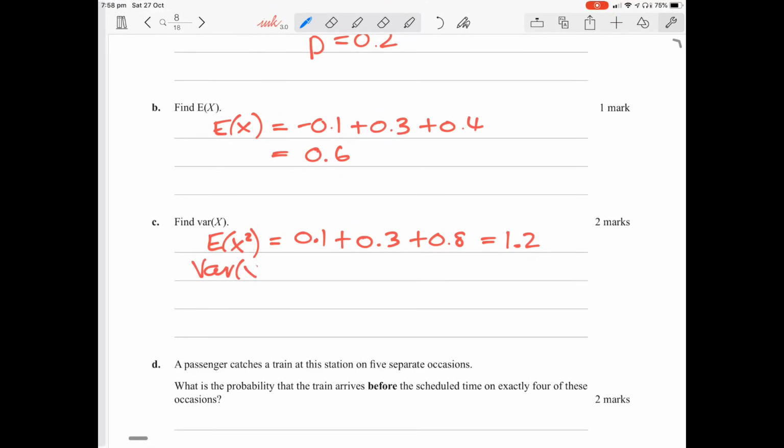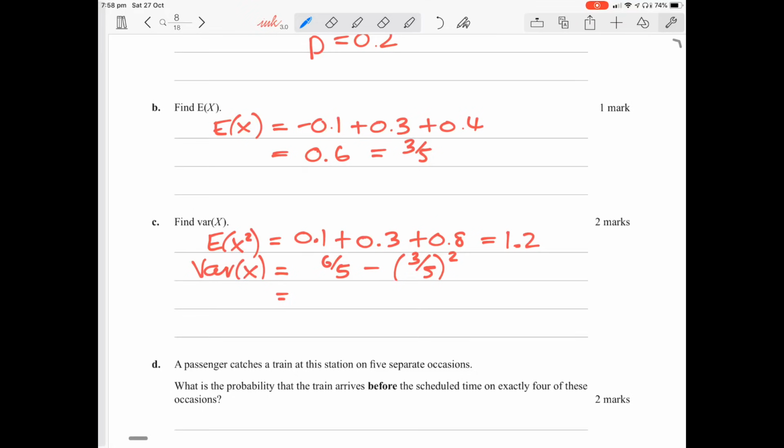The variance of x is E of x squared minus E of x all squared. E of x is also 3 on 5. E of x squared is 6 on 5, minus 3 on 5 squared.